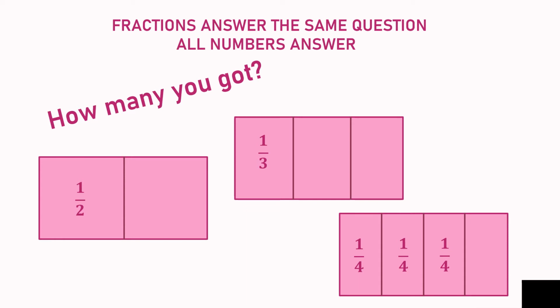Another unit is divided into three equal parts. These are thirds, and if we have one of them, we have 1/3 of the unit. We see another unit divided into four equal parts. If we have three of those four equal parts, we have 3/4 of the unit. That's how many we have.